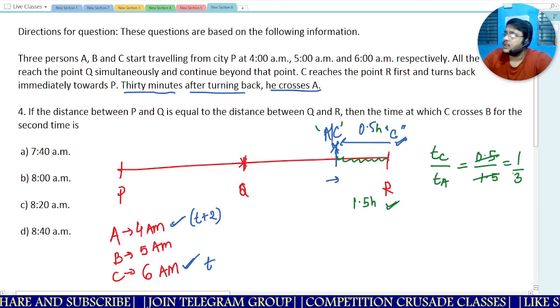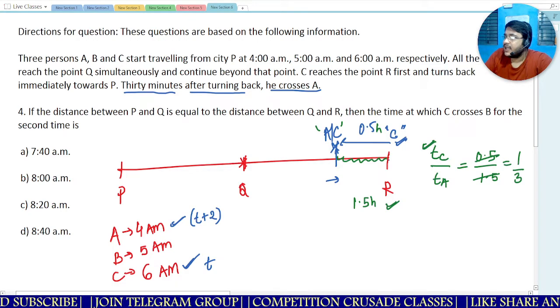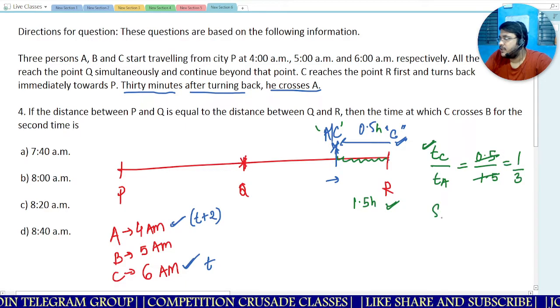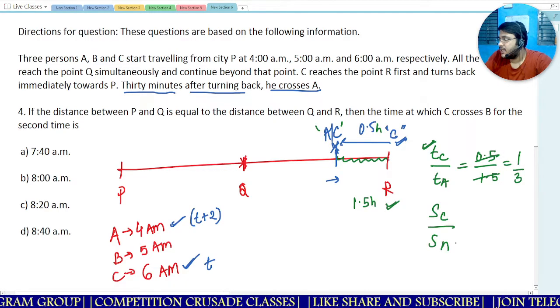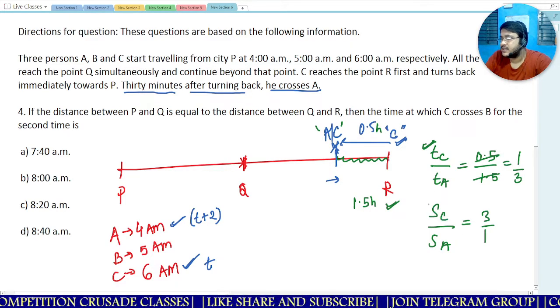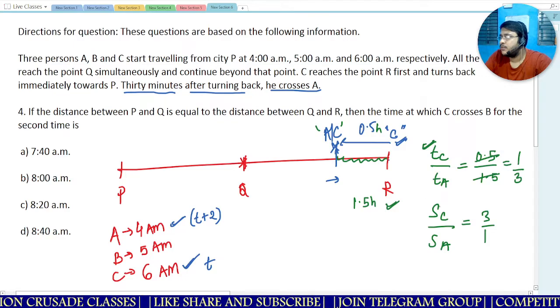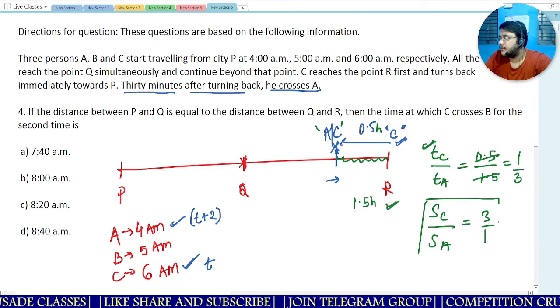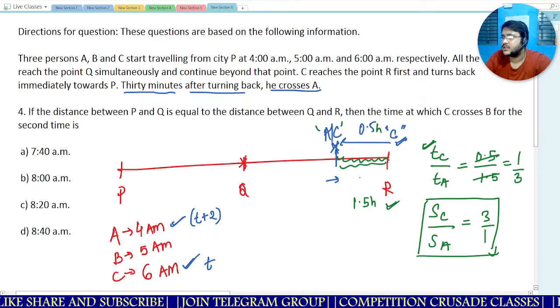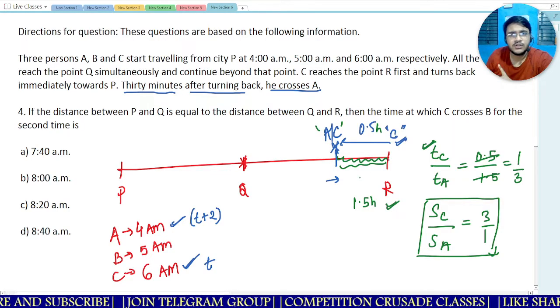Now understand this. If the time taken by them is in the ratio 1:3, then the speed of C upon speed of A will be 3 upon 1. This is an interesting idea, and it holds only for this much distance, because this time the distance is constant.